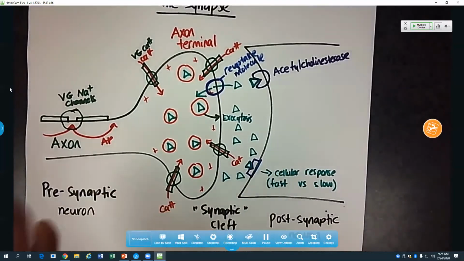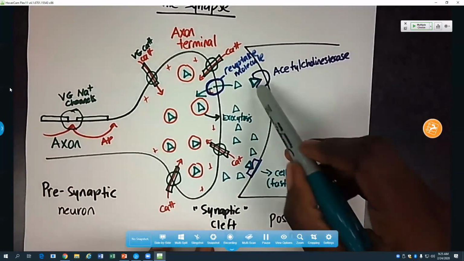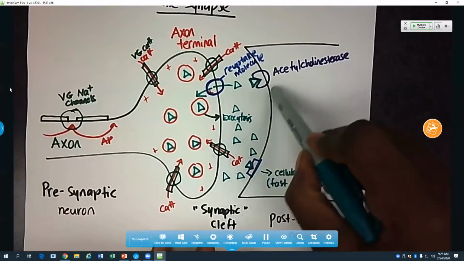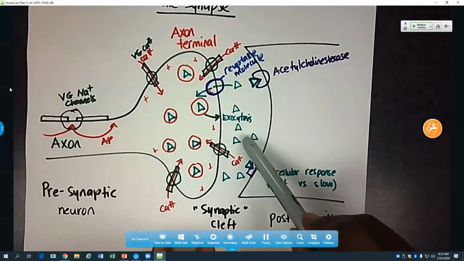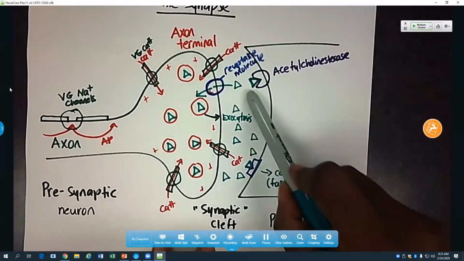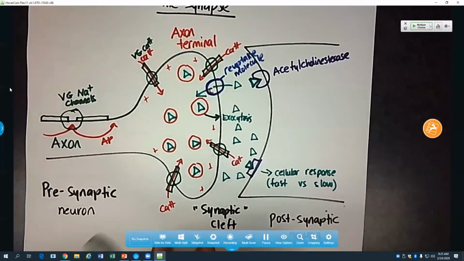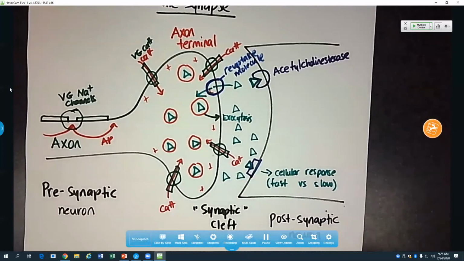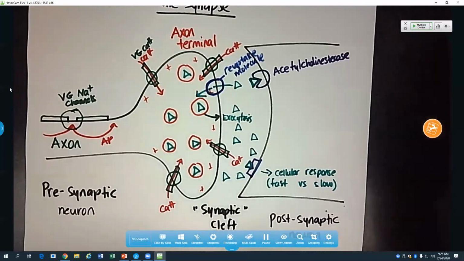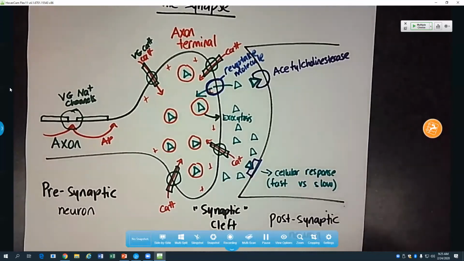And then in order to cease this communication, we have an enzyme which degrades the excess neurotransmitter. And then that neurotransmitter can either be diffused away or it can be reuptaken via this reuptake molecule, recycled and repackaged to make a new synaptic vesicle. Okay. All right. Any questions on that sequence of events? Any questions?